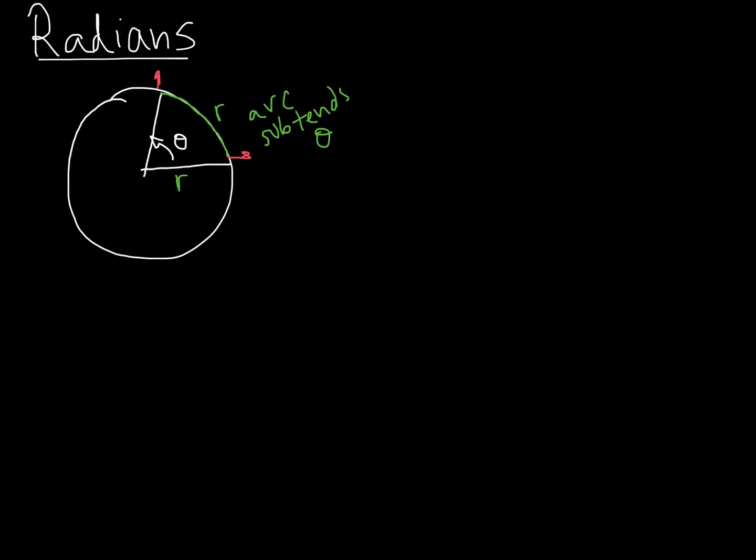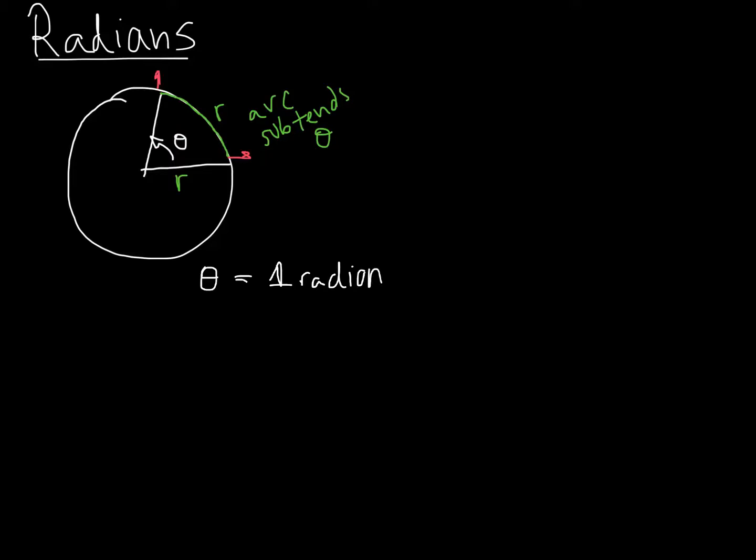The word radians is very similar to, a variation of, the word radius. The best way that we can describe this angle theta is that it has covered one full radius in its arc length. So we will say this angle theta is equal to 1 radian.